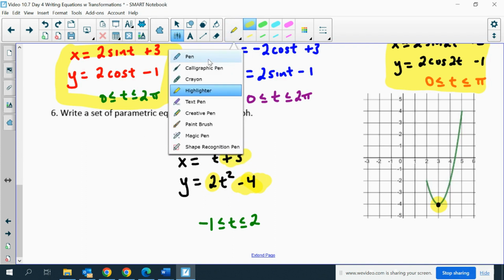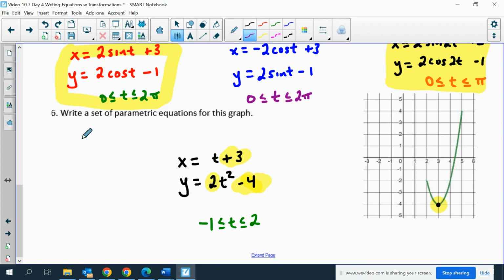And if I wanted to, I could rewrite this by substituting the t plus 3 in where x is. So subtract the 3 over, I get x minus 3. And I end up with the equation of the parabola in rectangular form as well. So I could do that as well in vertex form if I wanted.